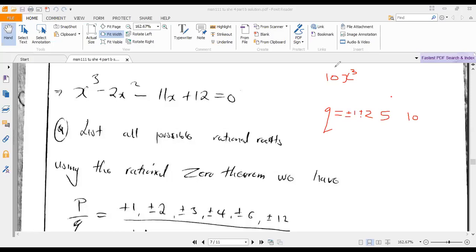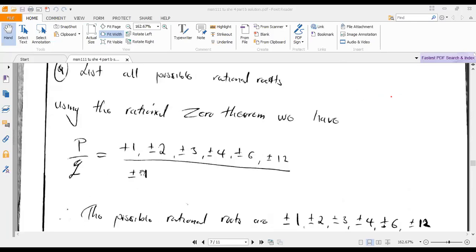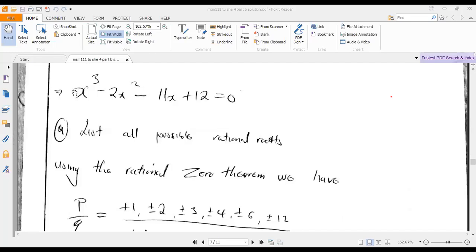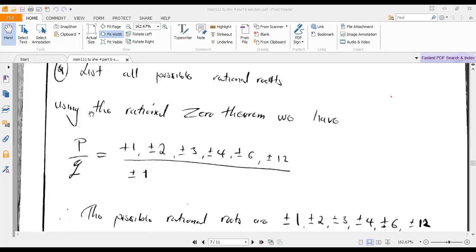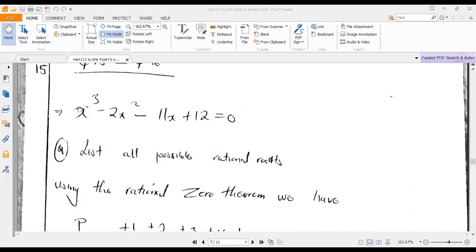Listen, here for instance, our coefficient is 1. So there's a 1 down there. This is our Q. You know that the coefficient of this term is the one which should always be down here, the denominator. So now, what are the factors of this 12 here?